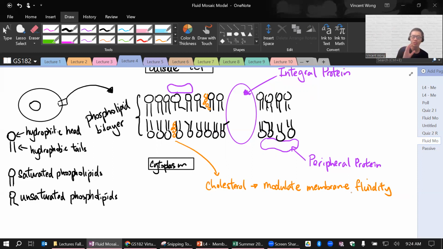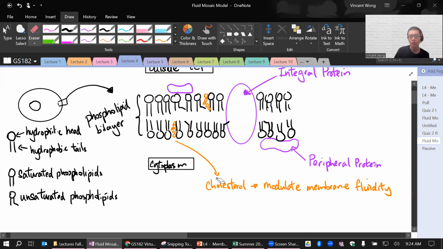So you need it to be just the right consistency, just the right amount of fluidity. And cholesterol will help control that, to modulate, to regulate that, okay? So more cholesterol equals more fluid. Less cholesterol will be less fluid.